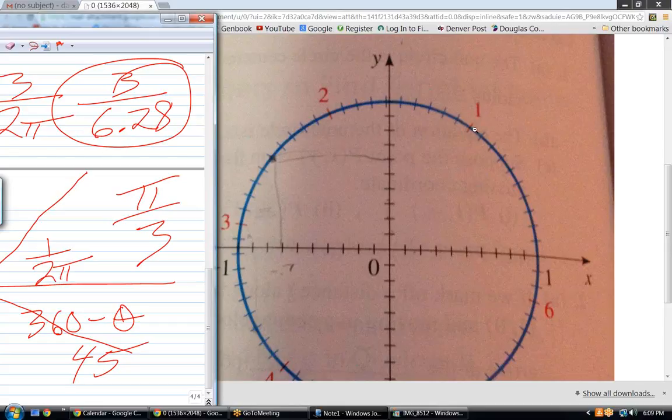So that point can't be pi over 3. It's got to be 1 over 2 pi, which is a very similar number. 1 over 6, no, hold on. 1 over 6.28 is not the same as pi over 3. Am I getting confused?